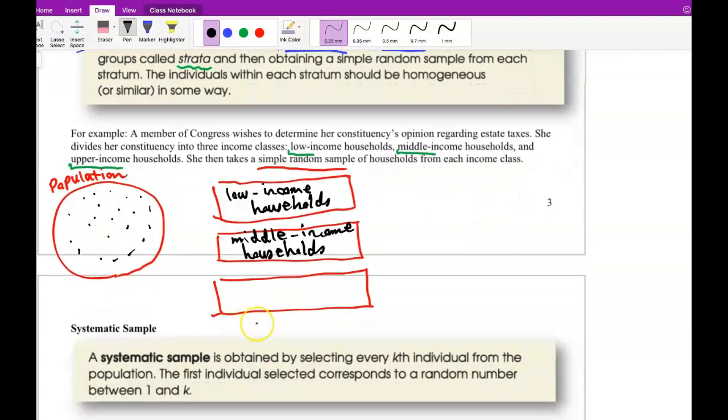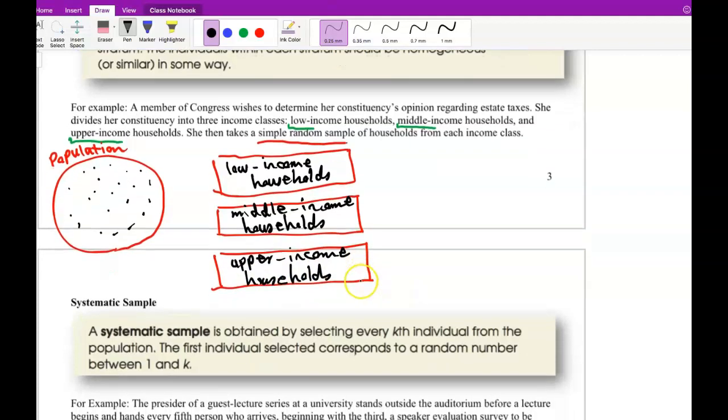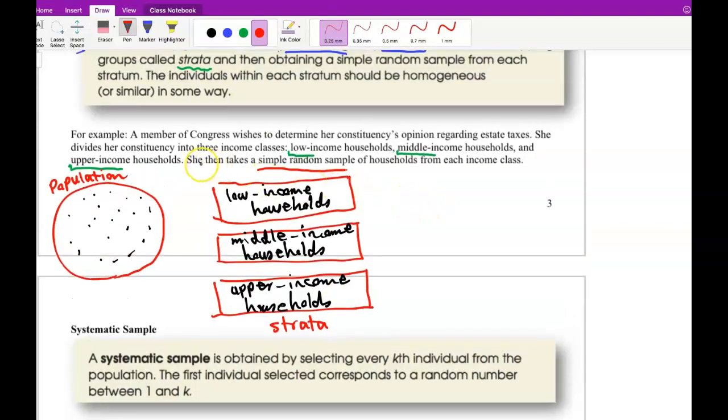And the third group, upper income. So this part was strata. Then she takes a simple random sample of households from each income class.